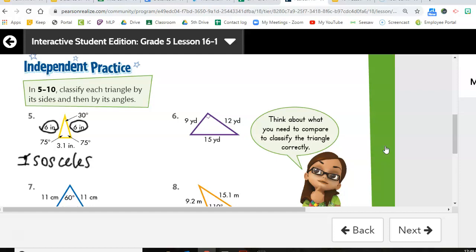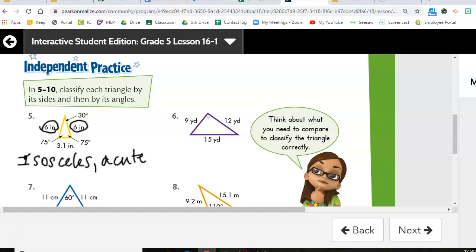We also have to look at the angles. We have 75, 75, and 30. Now, none of them are bigger than 90, which would be obtuse, and none of them are 90, which would be a right angle. So that means it would be an acute triangle, because all 3 angles are smaller than 90 degrees.